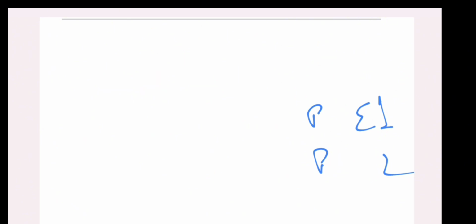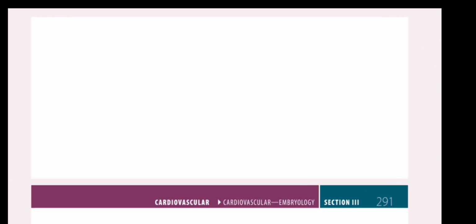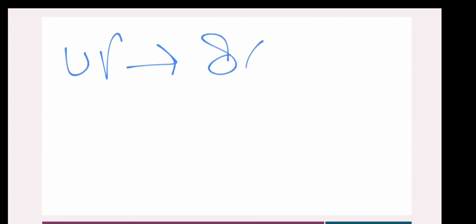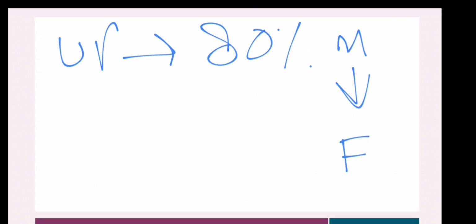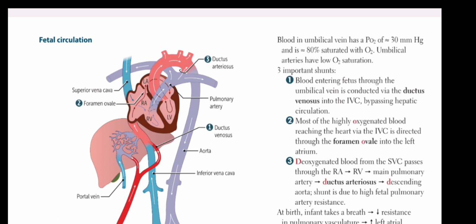And now we have to understand what is the fetal circulation. So in order to understand fetal circulation, we need to know that the fetal circulation is derived from the umbilical vein. Umbilical vein carries about 80% oxygenated blood from the mother to the fetus. This oxygenated blood from the umbilical vein is now passed into the inferior vena cava with the help of ductus venosus.